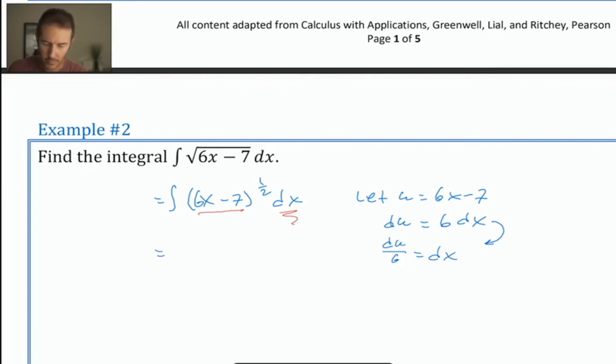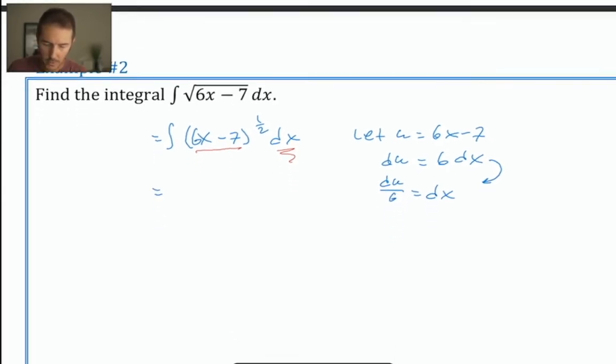Let's rewrite our original integration problem in terms of u. This is u to the 1/2 power times, not dx anymore, dx is du over 6. That division by 6 can be factored out of the integration process. We can write it as 1/6 times the integral of u to the 1/2, integrating with respect to u now.